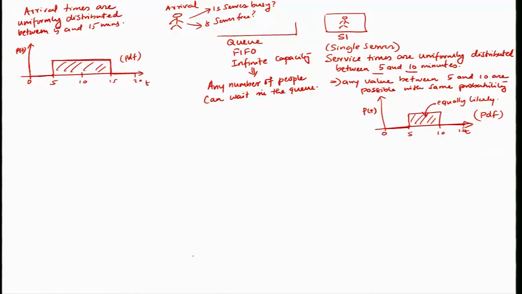With this, now what we will try to do is we will try to simulate people arriving into the system. So, the logic is customers arrive, then if server is free, go get served.